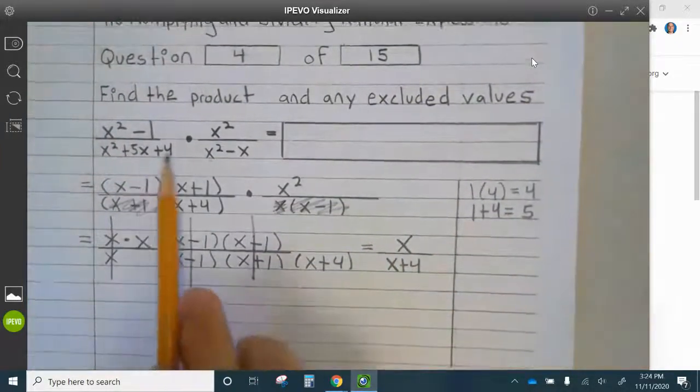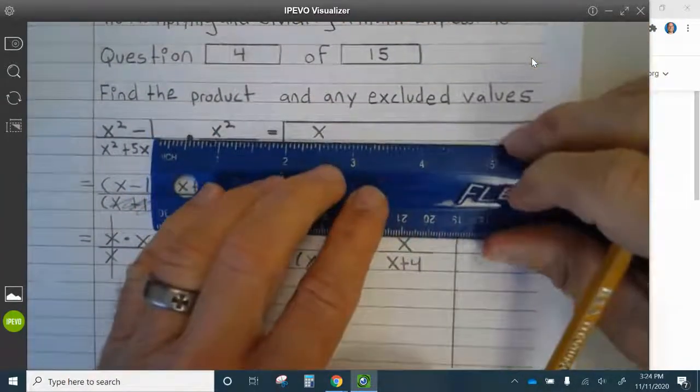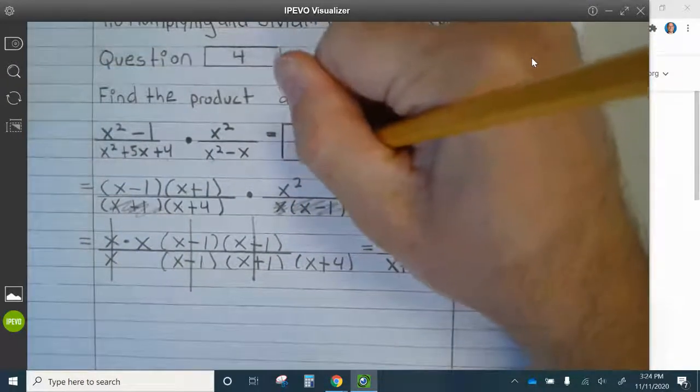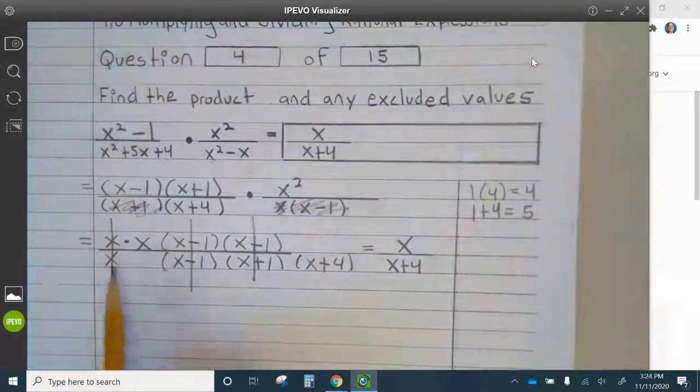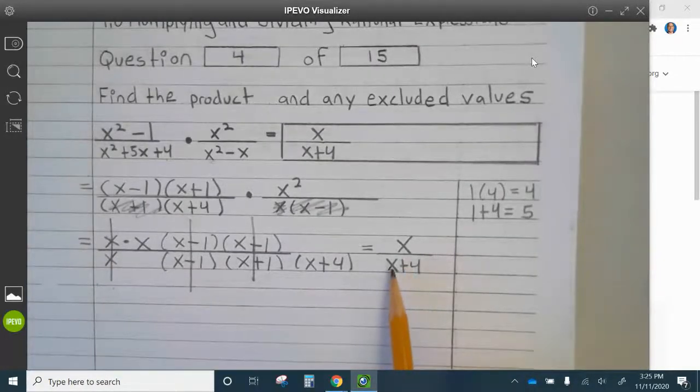Okay, so this times this equals x divided by x plus 4. Now you're probably thinking to yourself, well, x divided by x is 1. Why doesn't this become 1? Because the x is with the 4. So in order for this to be 1, this would have to be x plus 4 on top.